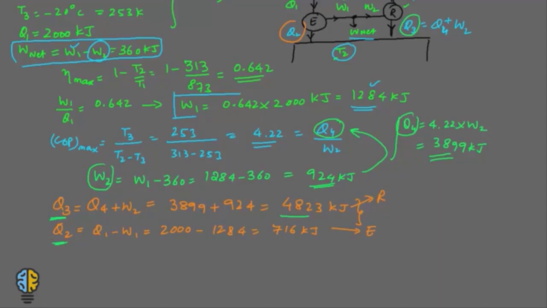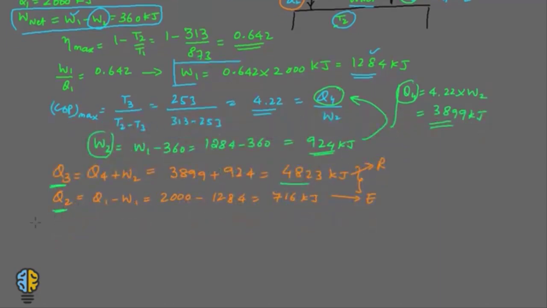So to find the value asked in part A, it will be Q3 plus Q2, which is 4823 plus 716, and this is equal to 5539 kilojoules. Right, now I hope you understood part A of this.